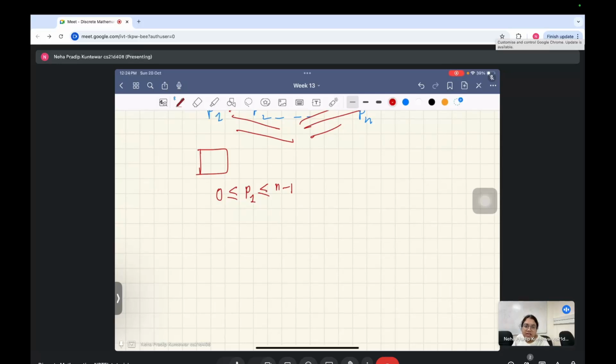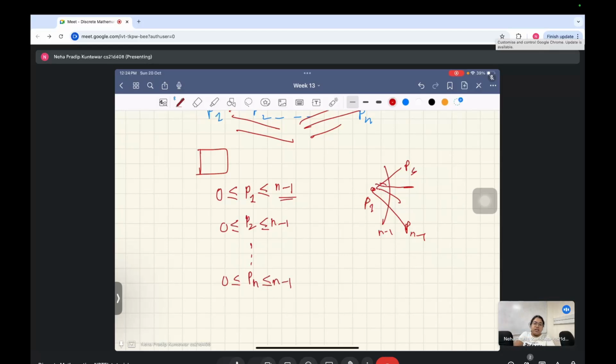Or they shake hands with everybody else other than themselves, because this is P1 and then you have P2 and so on up to Pn. So there are n minus 1 people, so the maximum number of people that you can shake hands with is n minus 1. P2 can also shake hands with 0 to n minus 1 people, and the same thing happens with each of them.